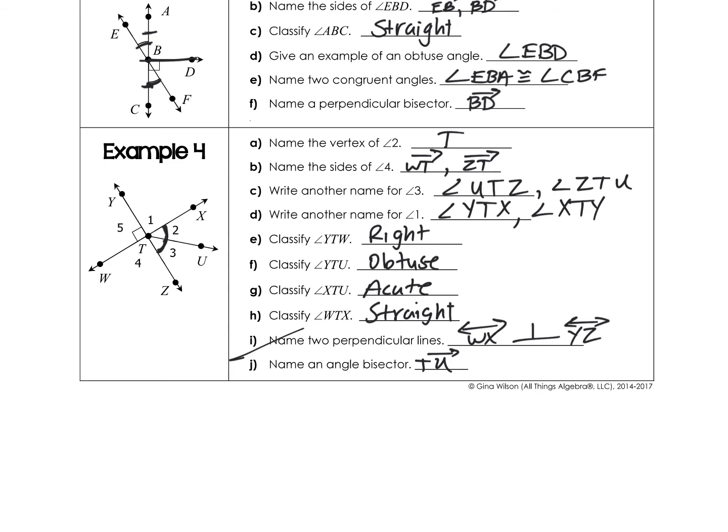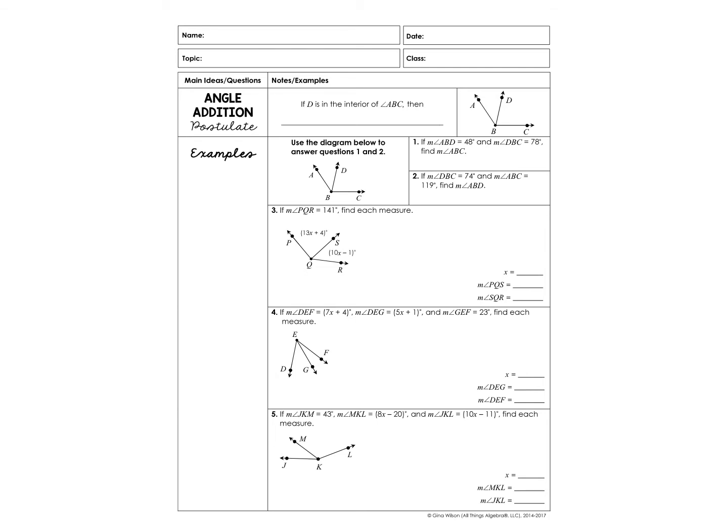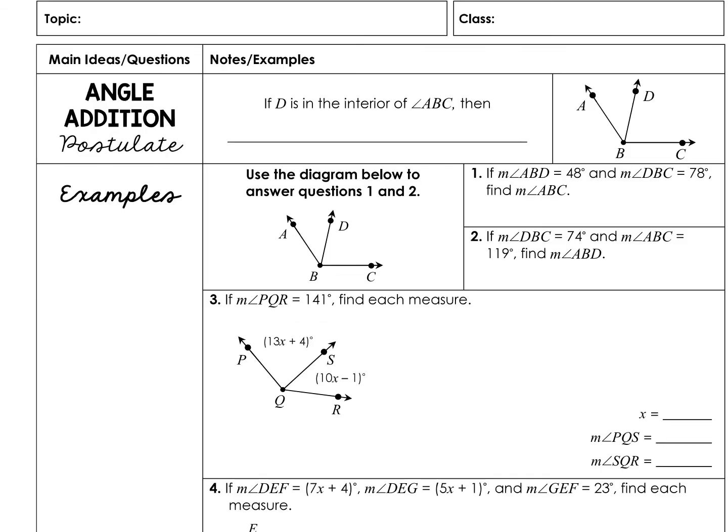Okay, moving on. The last part of this lesson is the angle addition postulate. And the angle addition postulate says if D is in the interior of angle ABC, then angle ABD plus angle DBC equals angle ABC.